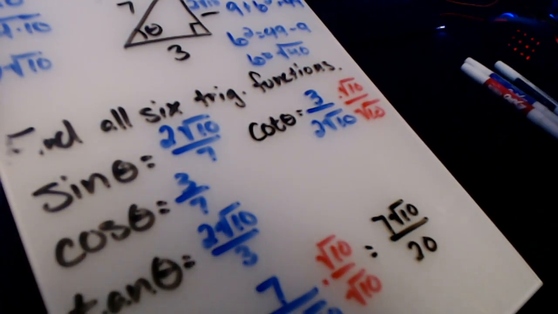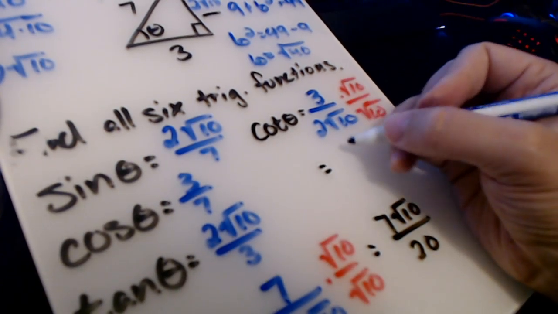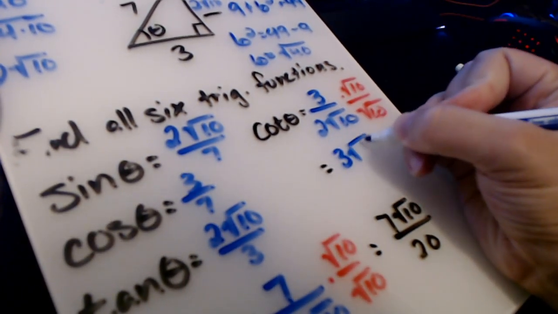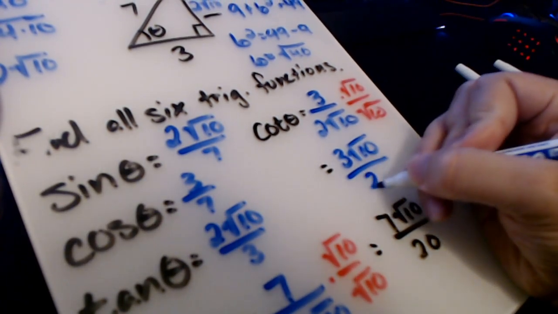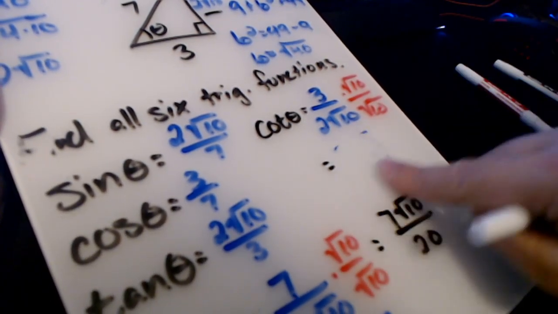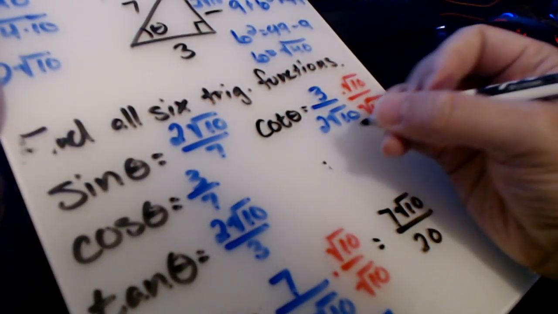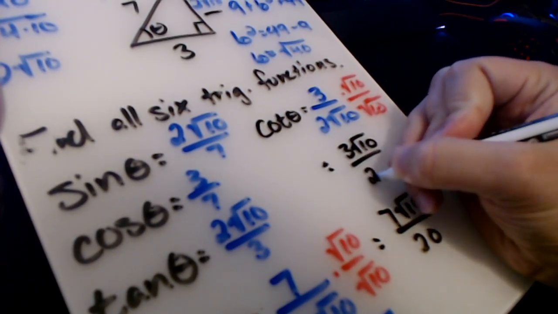Which means when I get down here, I'm back to having 3 square root of 10 over 2 times 10, which is going to be 20. I want to keep consistent with colors. Sorry about that. 3 square root of 10 over 20.